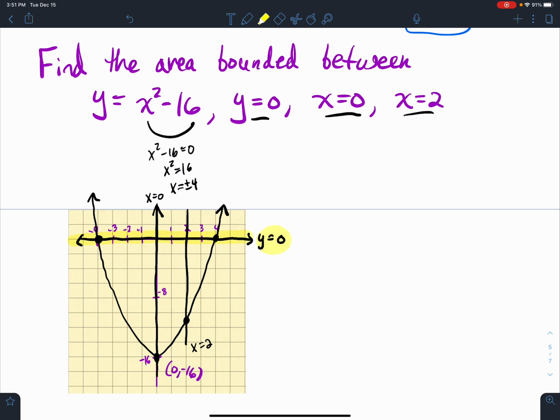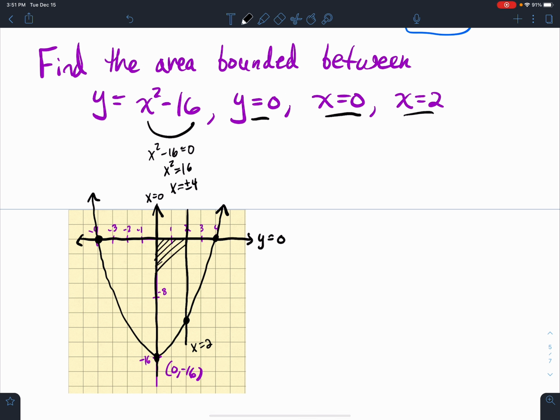To find a y-intercept, what do you do? You set x equal to 0. Okay, that's something that whenever I finally figured that out, it really changed my life. So happy.